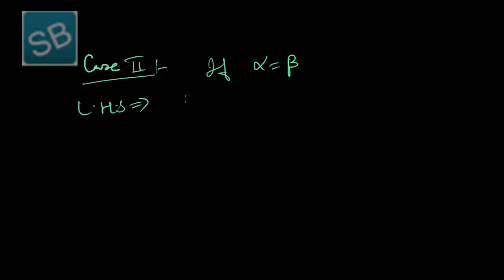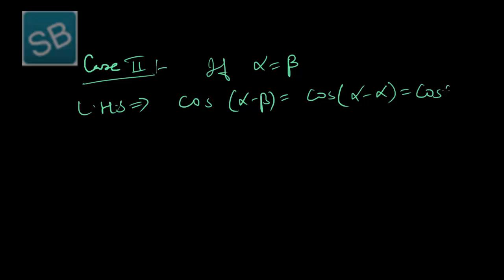Now we are going to discuss case 2, that is if alpha is equal to beta, then on the left hand side, cos of alpha minus beta becomes cos of alpha minus alpha, that is cos of 0, and cos of 0 is 1.